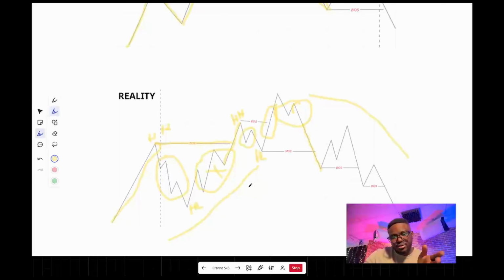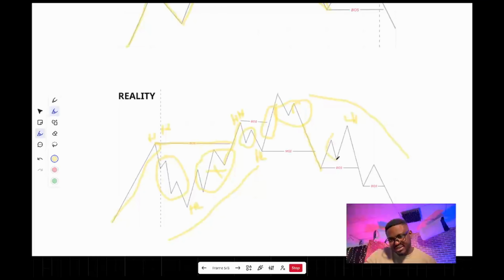But for price to go from a bullish trend to a bearish trend, there needs to be a market structure shift. And for there to be a market structure shift, there needs to be a candle close below the last higher low. Now, this is your market structure shift, and this is your new lower high. So price has switched from a bullish trend to a bearish trend.